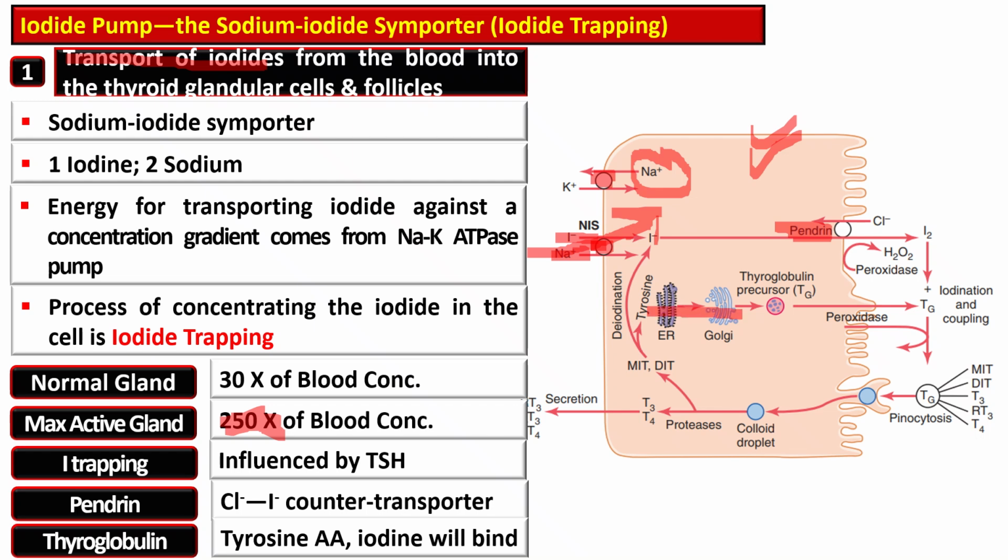It contains tyrosine residues that will later bind iodine to form T3 and T4. So pendrin is responsible for counter transport of the iodide ion into the follicular lumen.